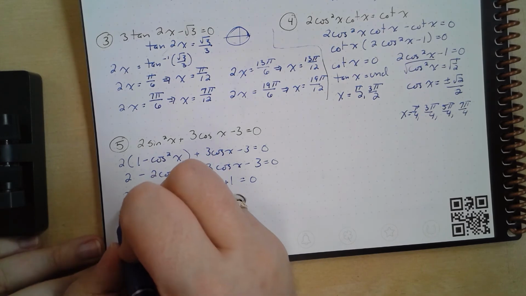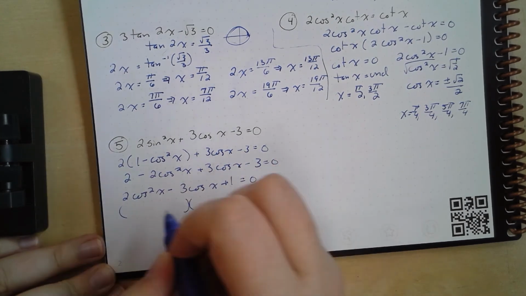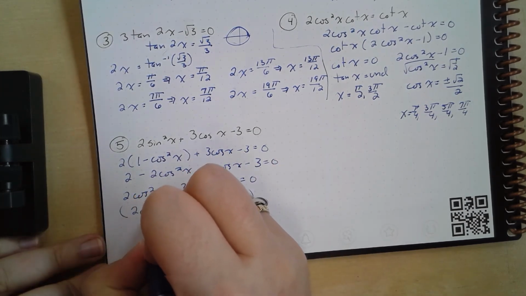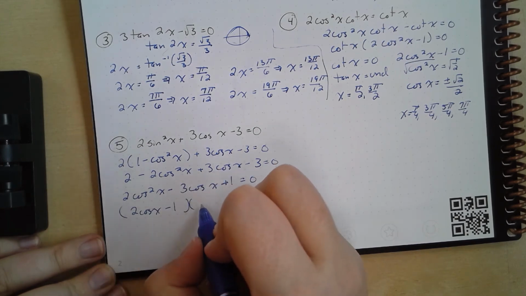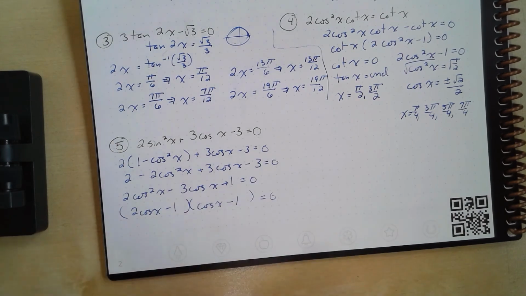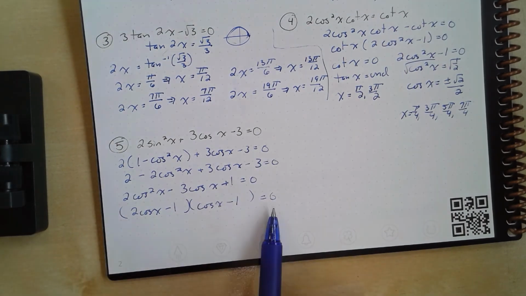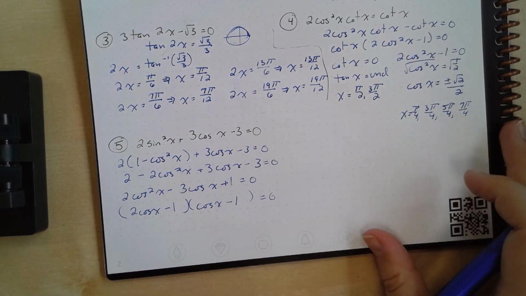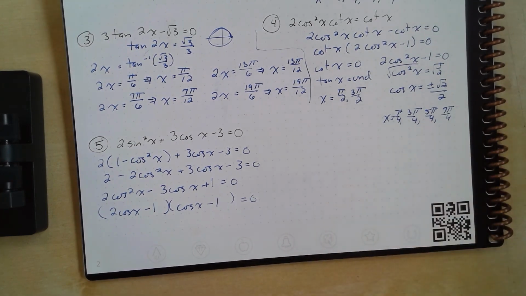So if I rewrite it here, I have 2 cosine of x minus 1, and I have cosine of x minus 1, and both of these are equal to 0. And then from there I could set these equal to 0 and solve for x. That's all there is to it, simplifying trig identities and evaluating trigonometric functions.